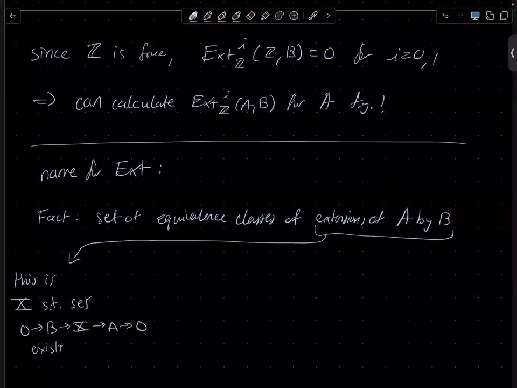You may be wondering what equivalence class means. Equivalence under isomorphism. The set of extensions of A by B is in bijection, or natural isomorphism, with X1 of A, B in some way that I will not talk about.